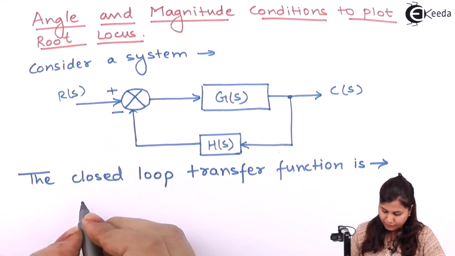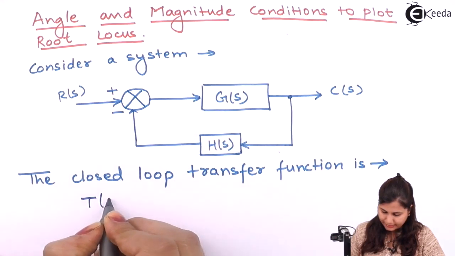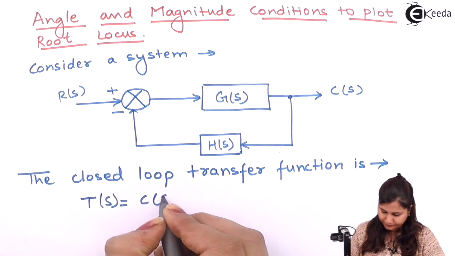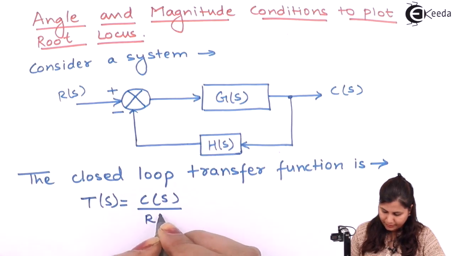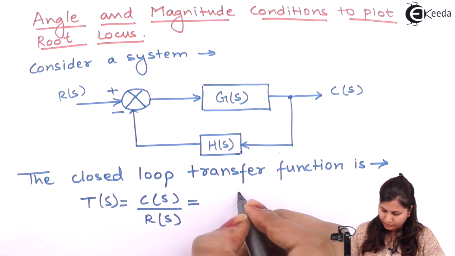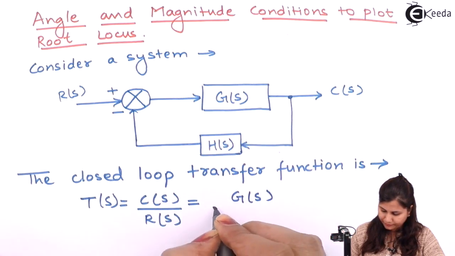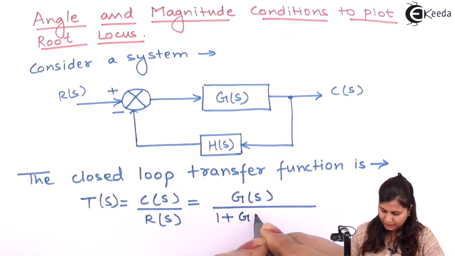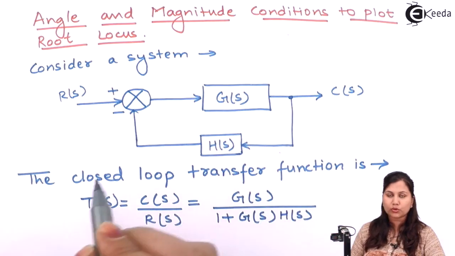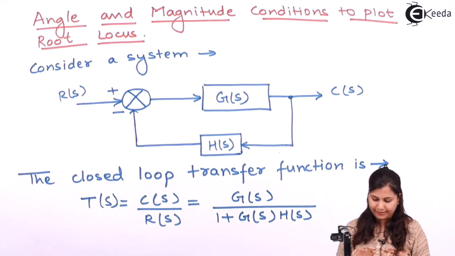So transfer function, that is Ts, it will be Cs by Rs, and if we write it, it will be Gs upon 1 plus Gs Hs. So it is the closed loop transfer function of this system.